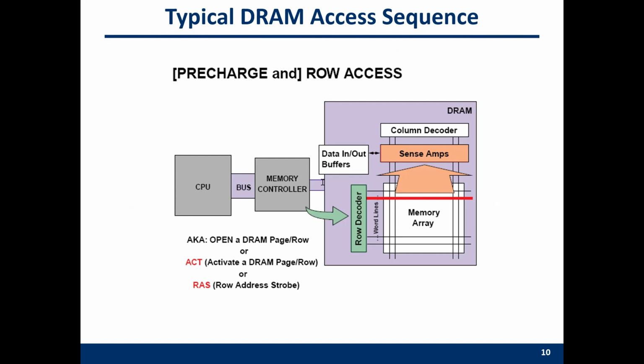For example, if your request is a read, you activate one row first. Activating one row means the whole row is opened, and then the data of the whole row will be sent to the sense amplifiers.